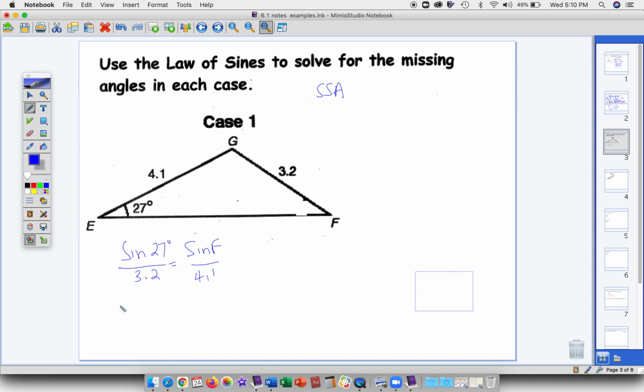And I'm going to cross multiply 4.1 sine 27 divided by 3.2, and that will give you what the sine of F is equal to.